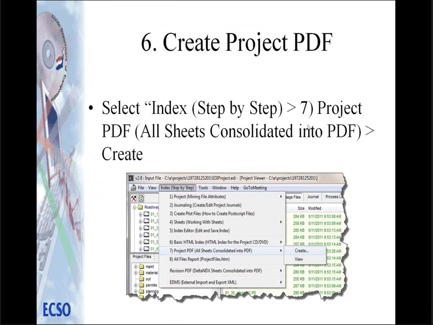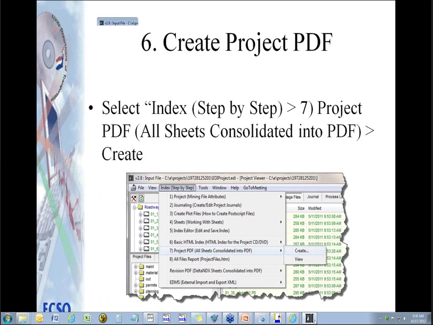Step 6, create the project PDF. And to do this, that's going to be in the drop down there. You'll select index step by step, step 7, which is the project PDF, and you'll want to select the create option there.